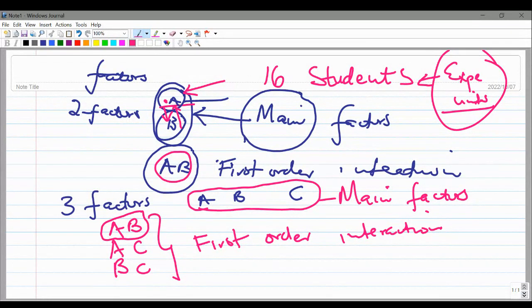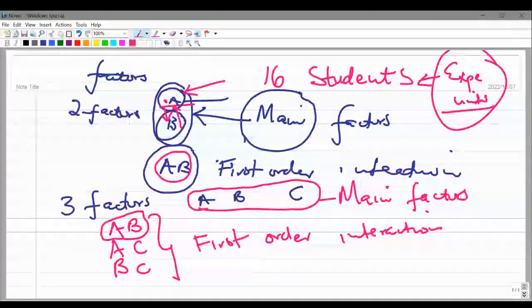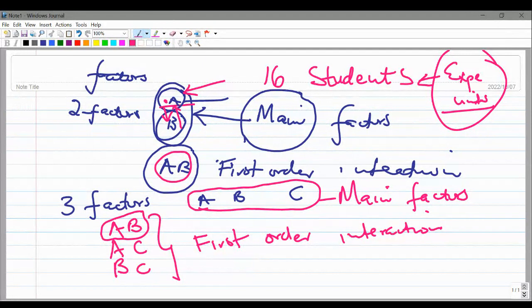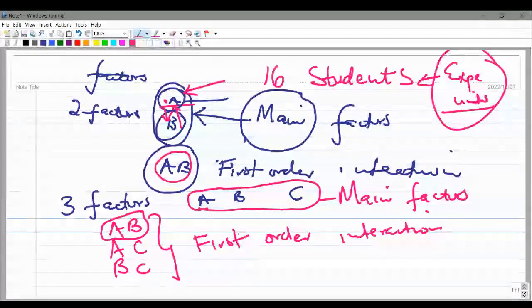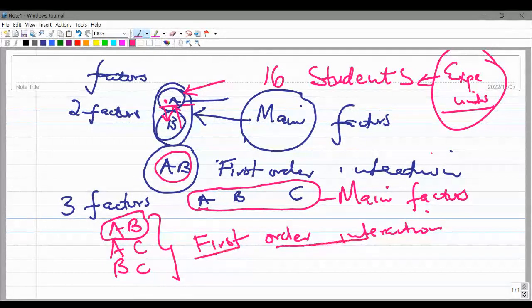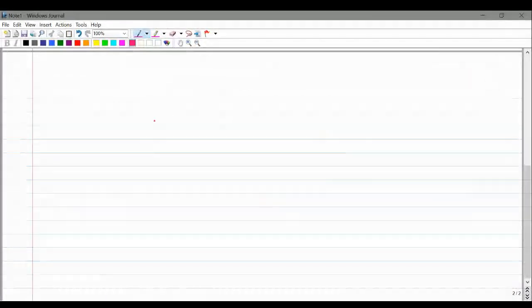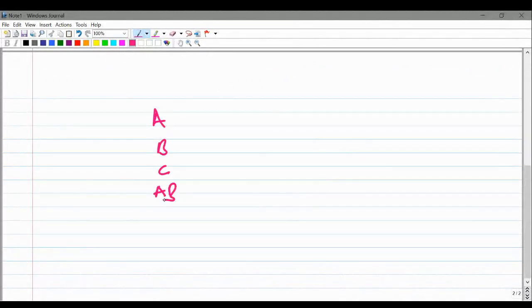So to go back to Mr. Christopher, when I was talking about the main effect and first order interaction, if I can ask you a question about the test for the first order interaction, isn't it? Remember, your ANOVA table will have A, B, C, AB, BC.